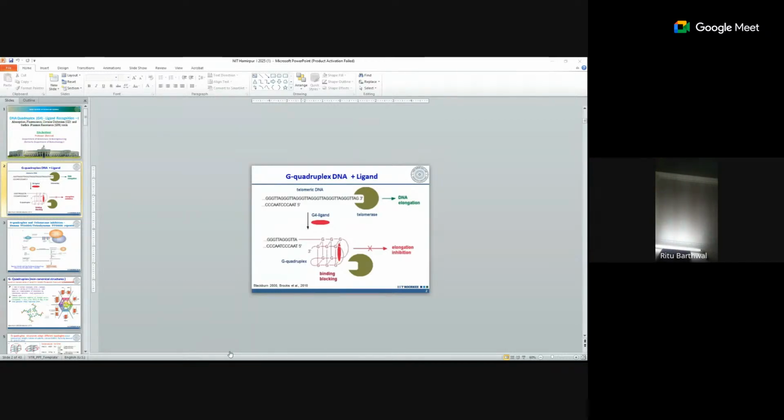Another feature of this is it's not Watson and Crick DNA. The base pairing takes place with the Hoogsteen scheme, which means on the N7 nitrogen atom in the pyrimidine and purine rings. So where is it found? Of course, at first it was discovered at the 3' end of human telomeric DNA. Such tandem repeats were there.